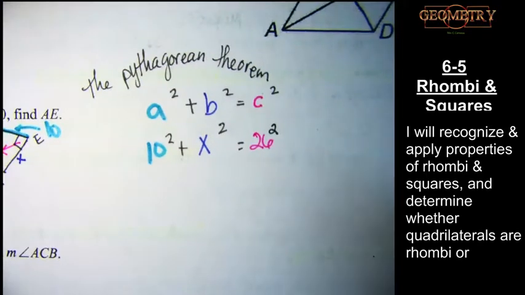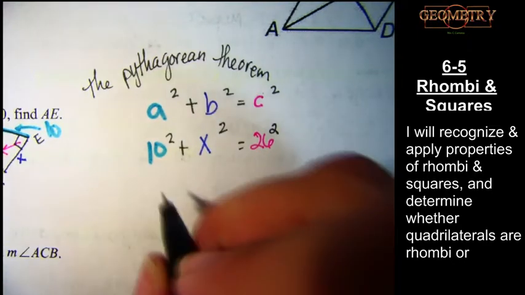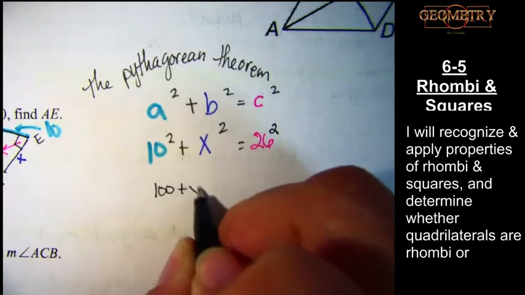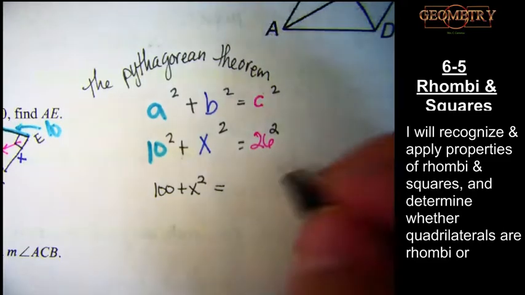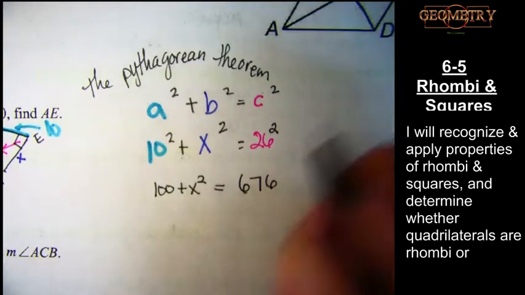All right. I may need some help calculating because I don't know 26 squared off the top of my head. You can see him frantically using his calculator app. Thank you. 676.